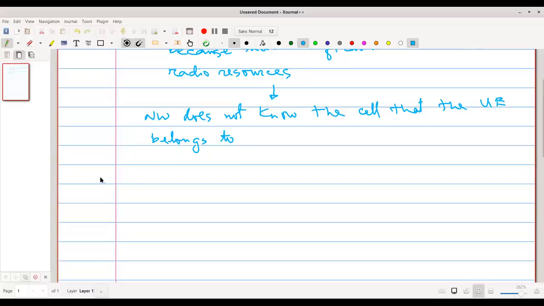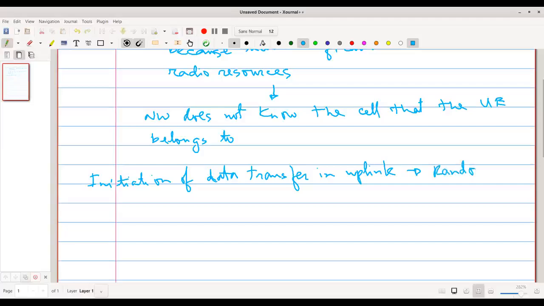So if you want to initiate data transfer in uplink, then the procedure is random access, which we'll discuss in detail later.